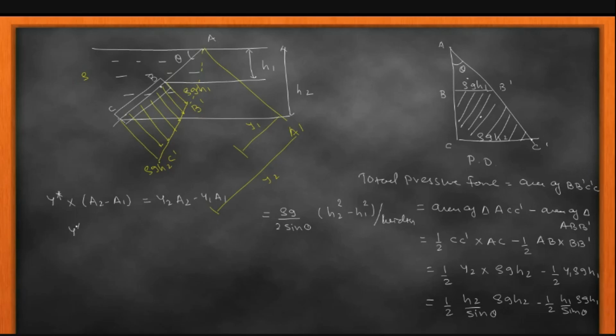Making y star the subject, we get y2 a2 minus y1 a1 upon a2 minus a1. And if we convert this y star into h star, we again use the geometrical relation between h star and y star, that is h star equals y star into sine theta.